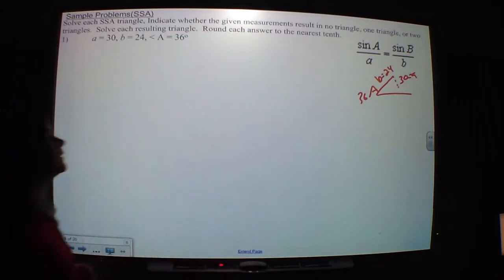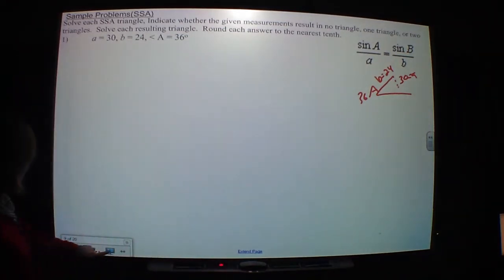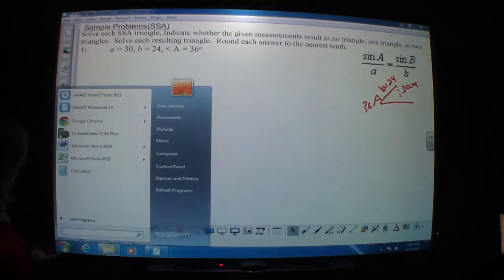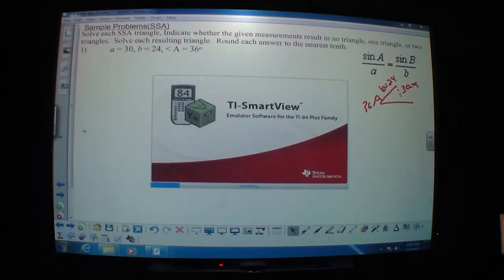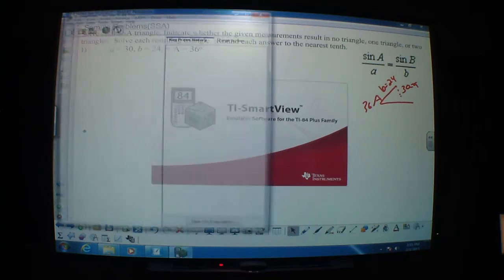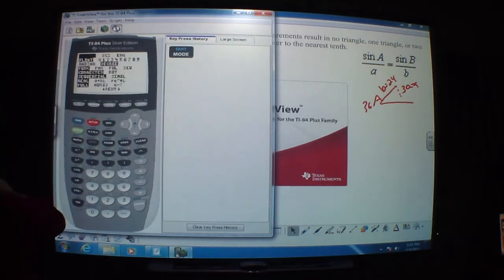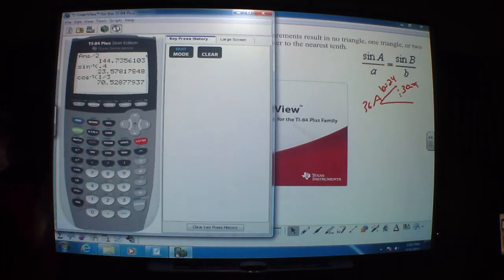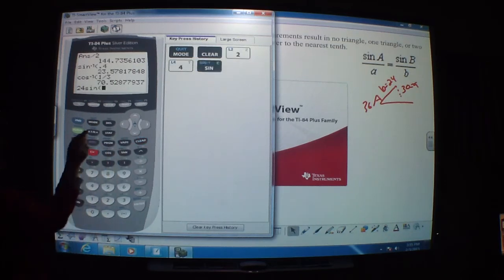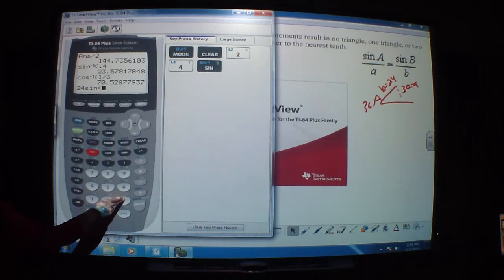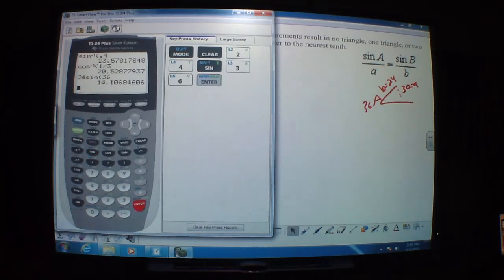Okay? So if I pick up my calculator, and I don't have my calculator on yet, but I will go get it. On my calculator, if I put 24 sine of 36, my calculator has to be in degree mode, that opposite has to be at least 14.